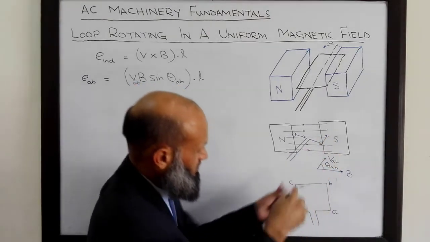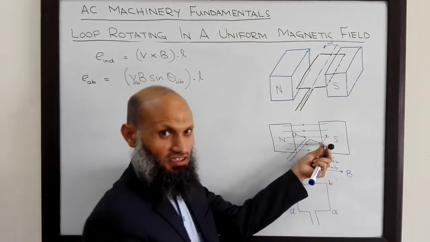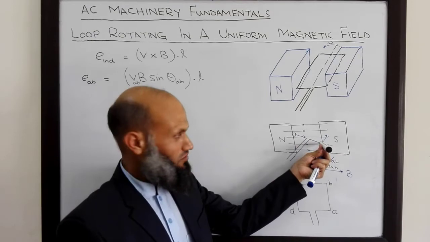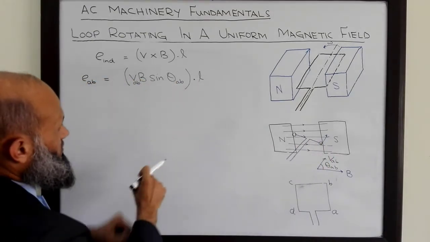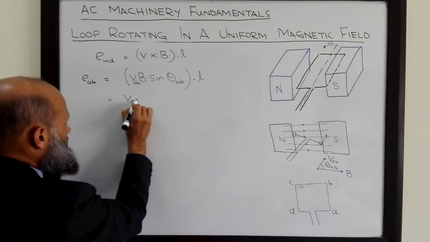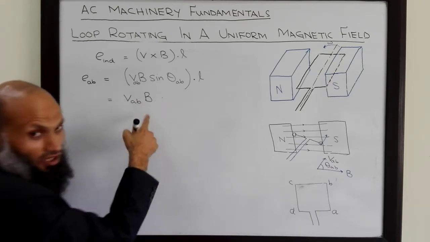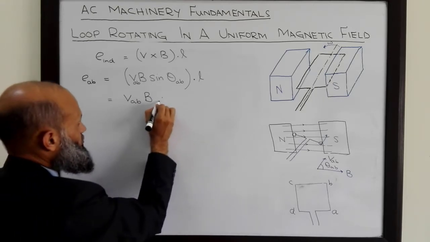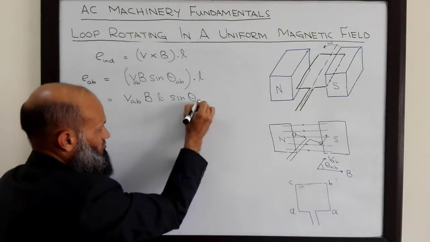This side is placed like this one over here. So V cross B is in this direction, and L is also in this direction. Both are parallel, therefore their dot product is simply equal to V_AB, the magnitude of the flux density B, L, and the sine of the angle between the two.